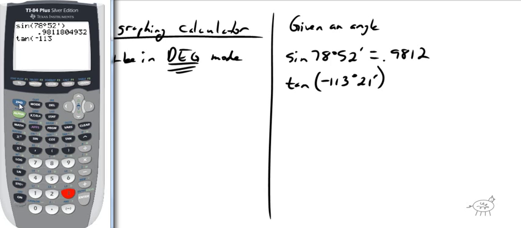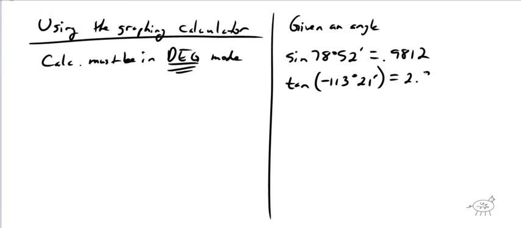So tangent of negative 113 degrees 21 minutes. Hit enter and you get 2.3164. Really easy.